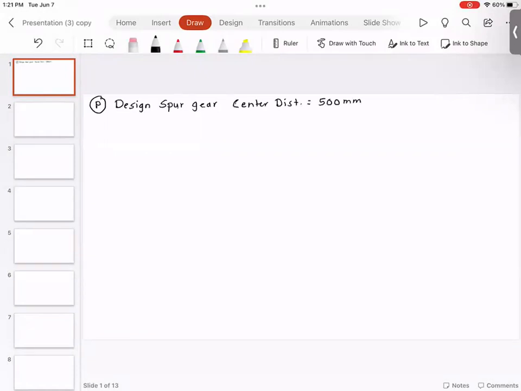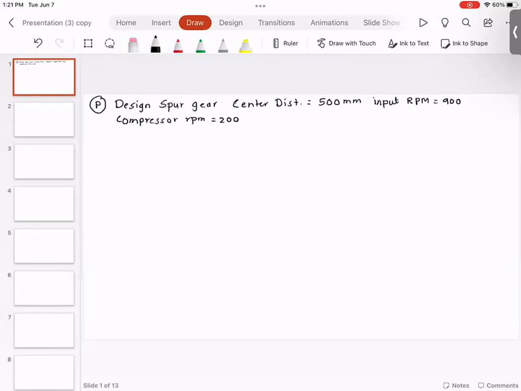Input RPM 900, compressor RPM, which is the output RPM, 200.